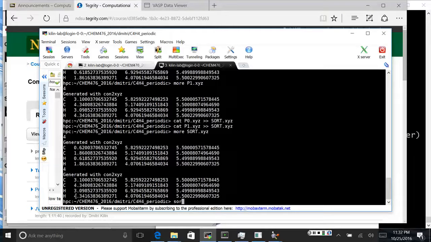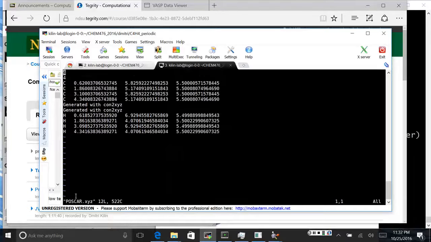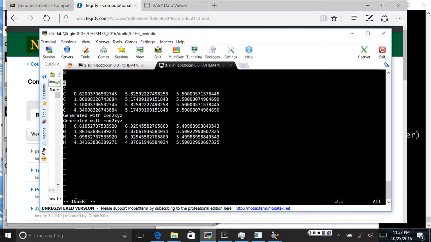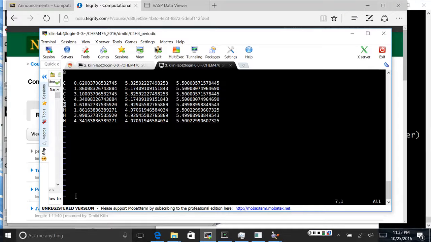Now we are going to sort it and direct the result into the file POSCAR.xyz. Okay? This file POSCAR.xyz is ordered, but the header shows 4. Well, we see by naked eye that there are 8 atoms. So the second line is empty or a comment, and then the numerical data for atomic coordinates: C 4 times, H 4 times, total 8.